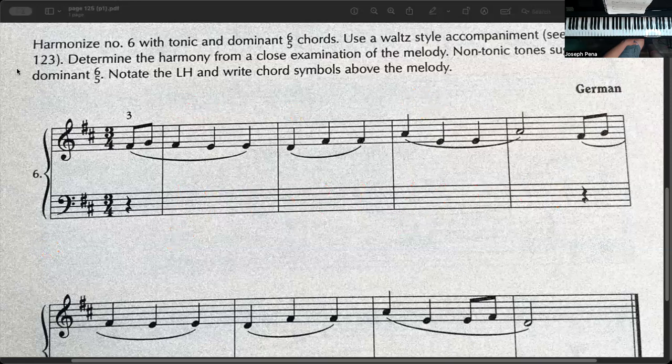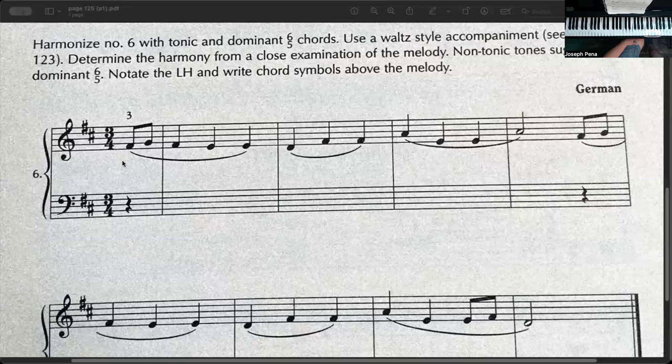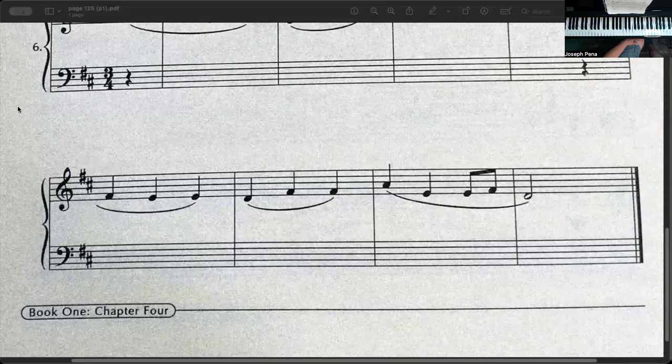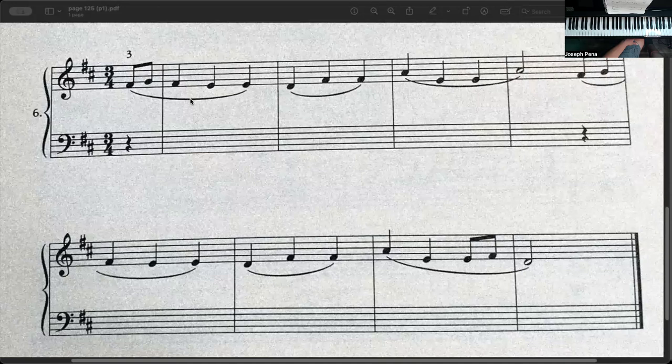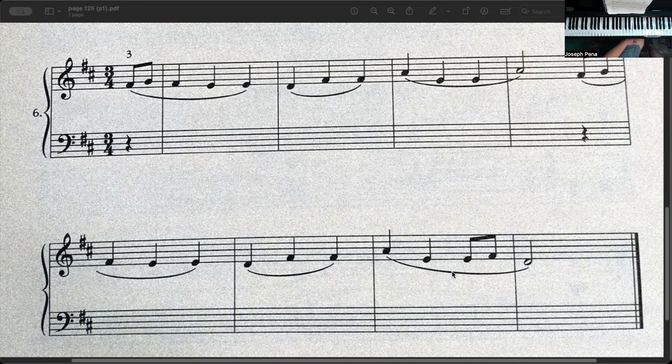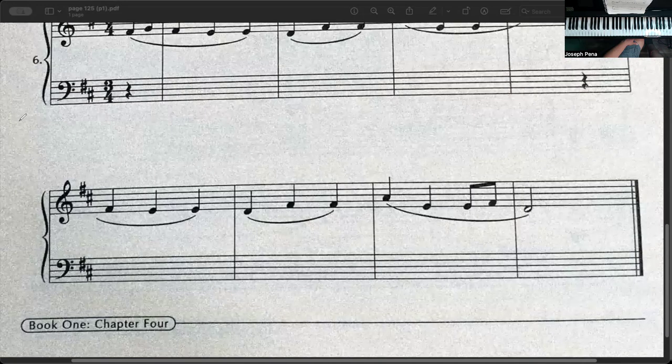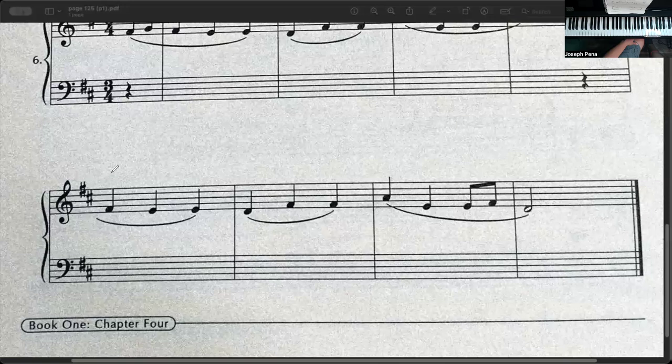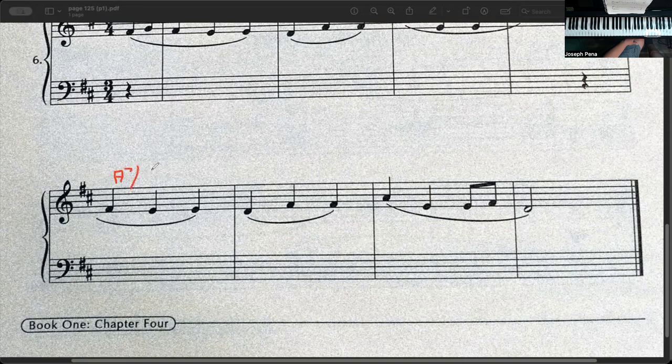Let's now go ahead to the bottom system. All right, so as we can see here, once again, we have a repetition of the first two measures, and there's a little bit of a contrast for the last two measures, just so we remember. Once again, we have the A7 here, slash C sharp, and then D major there, and then once again, we have an A7 right here, slash C sharp.